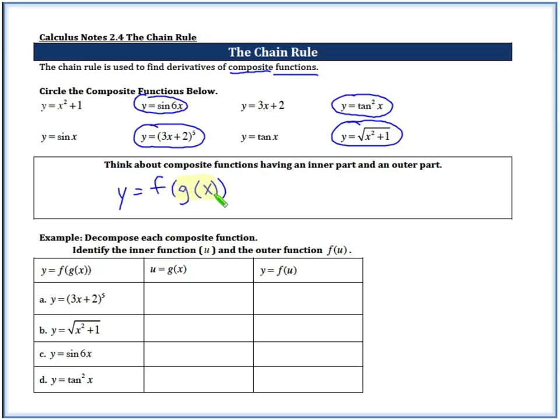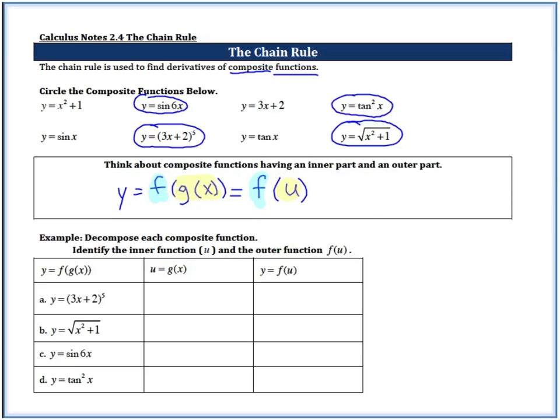So there's an inner function, g of x, and there's an outer function, and that's f. So we could also write this looking something like this, where we just did f of u, and we'll call u that inner function. Okay, so we have an inner part and an outer part.